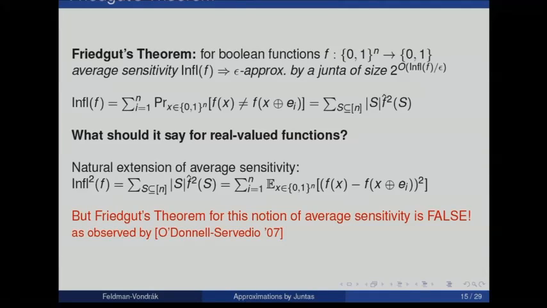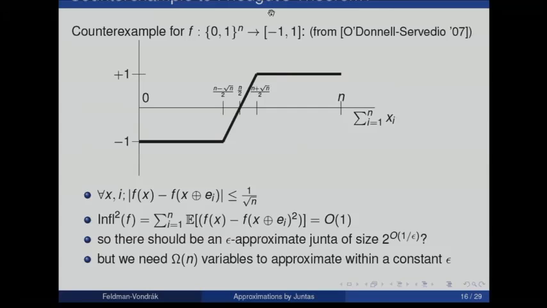There's an example in a paper by O'Donnell and Servedio. And the example is like this. It's basically a smooth kind of majority function. So the function stays at -1, and then in a window of size square root n, it goes linearly. It only depends on the sum of the xi's.